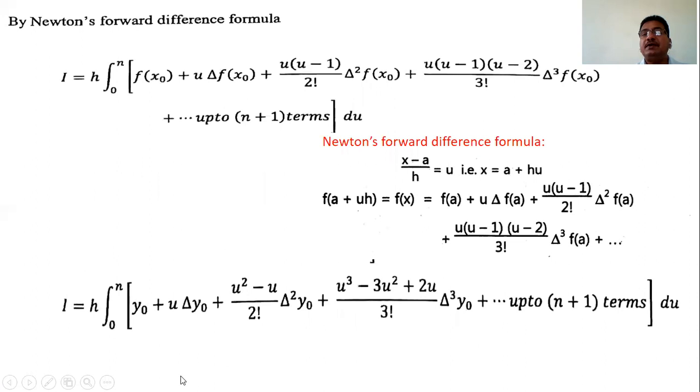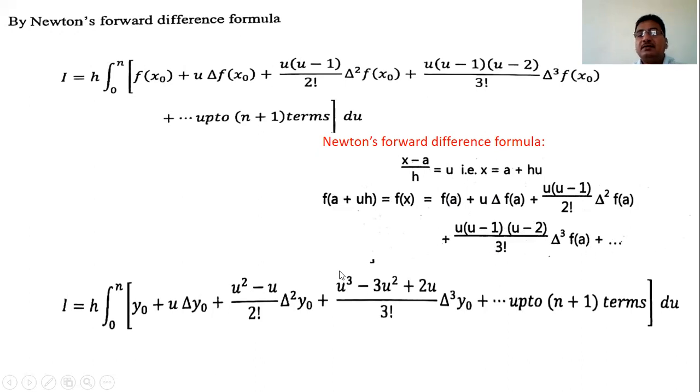So what is the forward interpolation formula? Newton's forward difference interpolation formula is this: f of a plus uh is what? The expansion is f of a plus u delta f of a plus u(u minus 1) by 2 factorial delta squared f of a plus u(u minus 1)(u minus 2) by 3 factorial delta cube f of a, and so on.